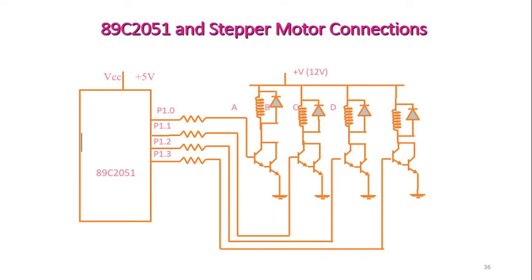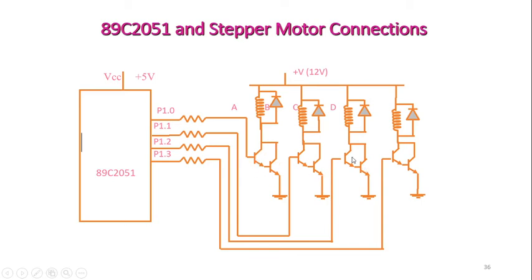This 25 milliwatts of power is not sufficient to drive your rotor. So that information gets amplified by these Darlington pair connections.